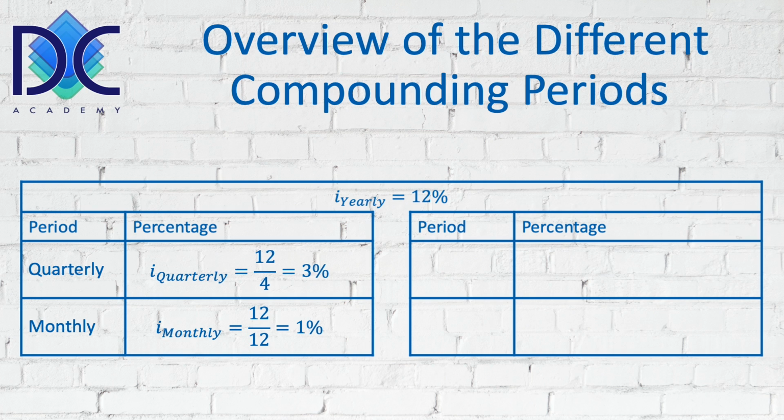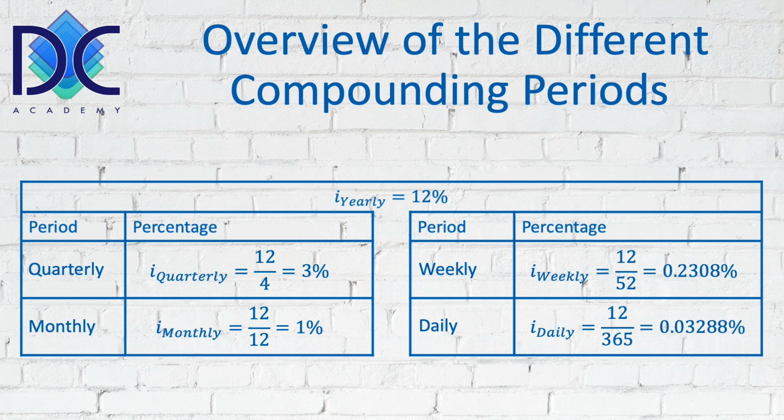But we can continue and we can go to weekly compounding. Of course, we have 52 weeks per year, so the 12% divided by 52 is 0.2308%. And in a special case, we can do it daily.